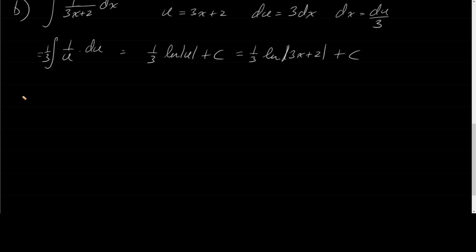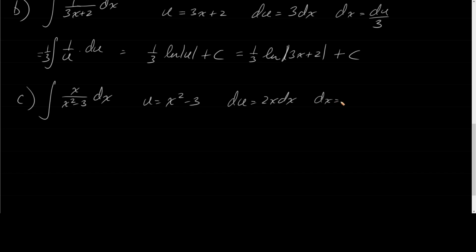Let's say that we have the integral of x over x squared minus 3 dx. I'm going to let the denominator be our u, x squared minus 3, so that du is 2x dx, so that we can say that dx is du over 2x. At this point, our integral becomes, well, this x, we did not use it for our substitution. X squared minus 3, that was our substitution.